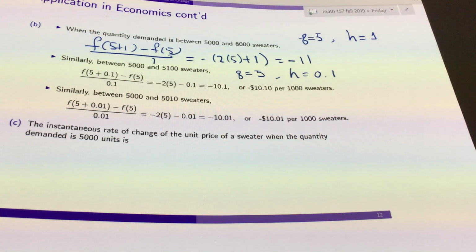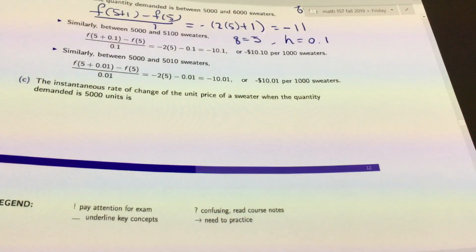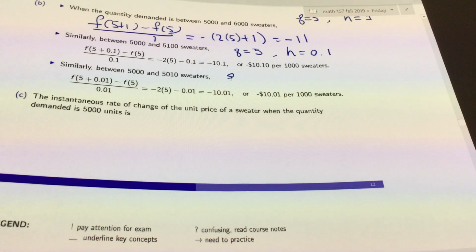And you substitute there, so you're changing from 5,000 to 5,100 units, then the price will drop by $10.1. And similar for the last one, Q equals 5, and the delta will be even smaller. It's 0.01. Substitute in the formula, you get a smaller change.